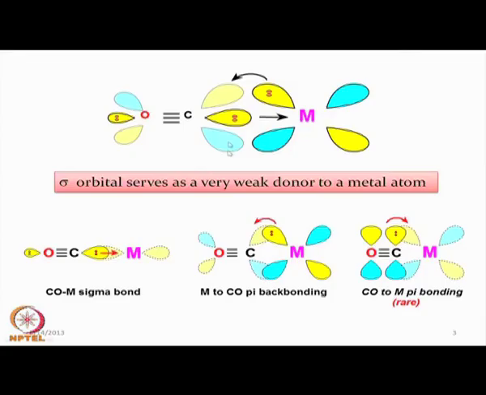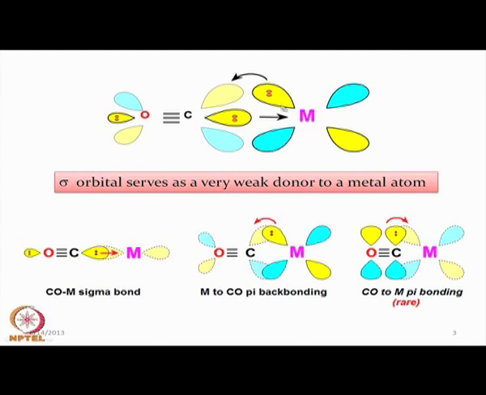So, the sigma bond is donated to the metal empty orbital. Then we have the pi back bonding, and another very weak as well as rare carbon monoxide to metal pi bonding, because the carbon monoxide molecule can have some filled pi orbitals, and empty orbitals on the metal ion may be available for this donation.